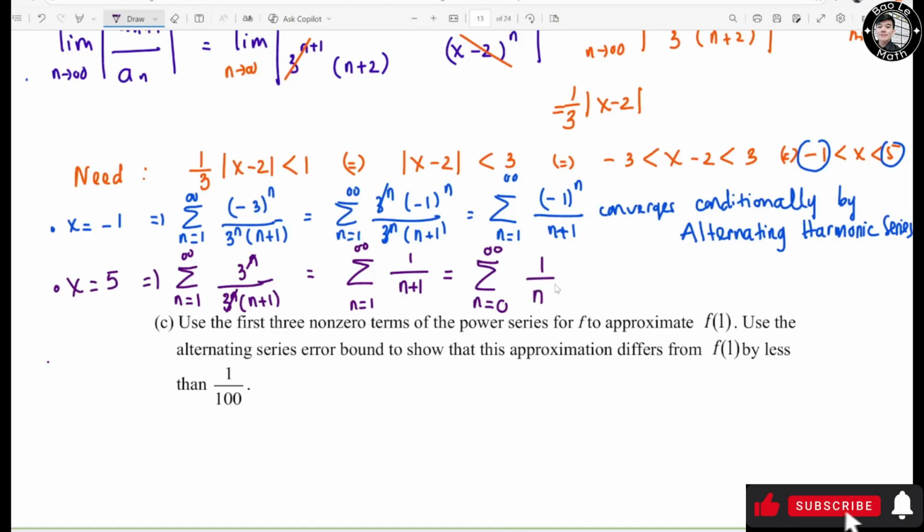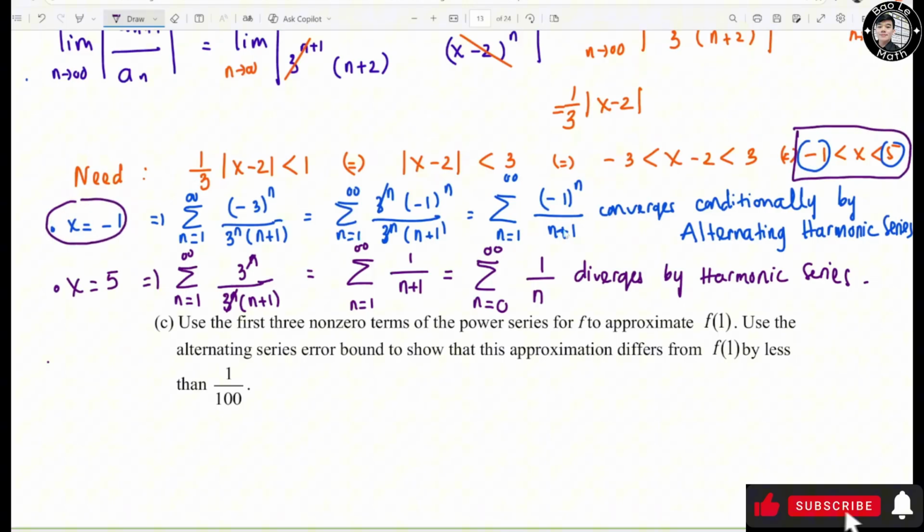This is actually the harmonic series. The harmonic series diverges, so the final answer should be this inequality right here. And you need to include s equals negative 1, because this one converges. So the final answer must be negative 1 less than or equal to s less than 5.